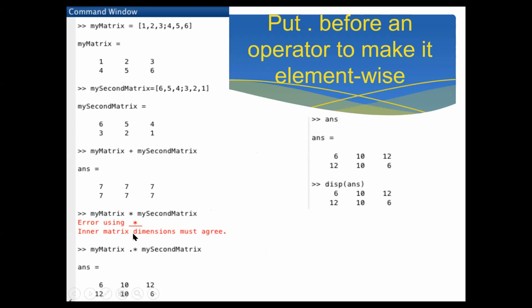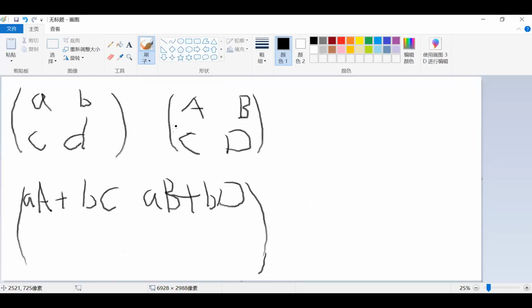Why is it not able to give a matrix product? Right, so the problem is these two matrices do not have matching dimensions. Here we multiply a 2 times 2 matrix, and to multiply a 2 times 2 matrix, the dimension matches.